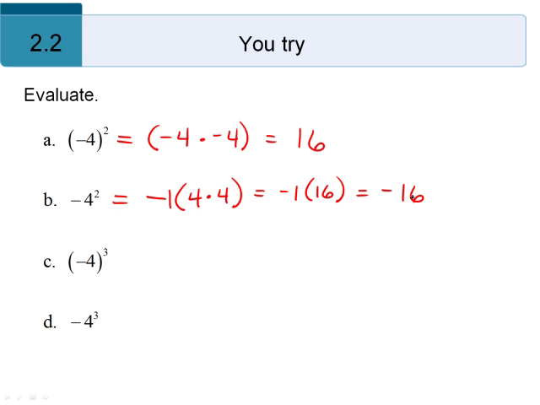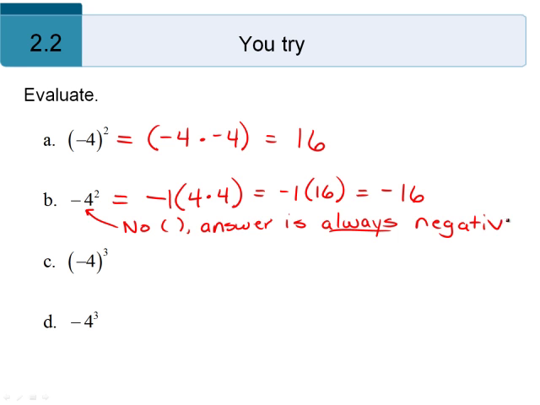Now, one thing that you can do is you can basically memorize this rule. If there are no parentheses, and you've got this opposite sign, no parentheses, the answer is always negative, all the time, no matter what. It doesn't matter what the base is, like the 4, it doesn't matter what that is.